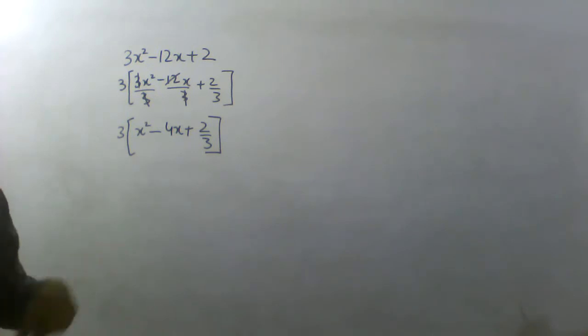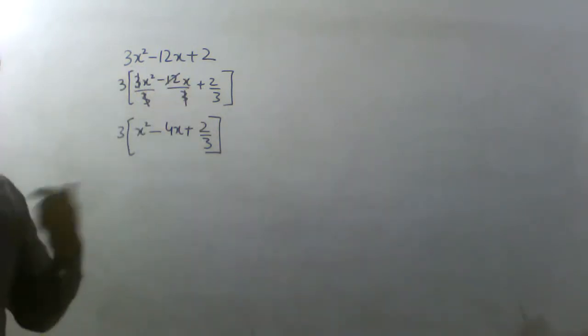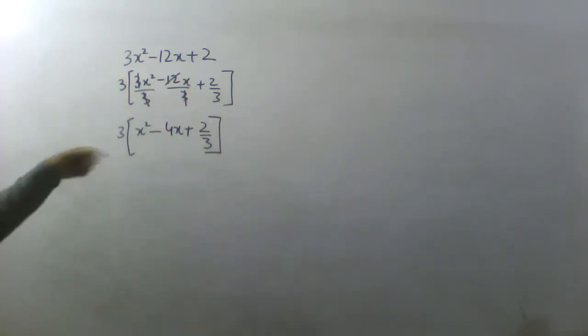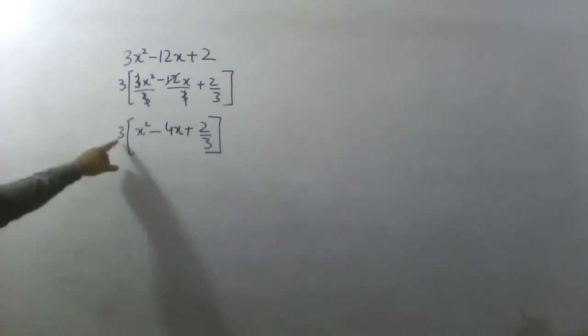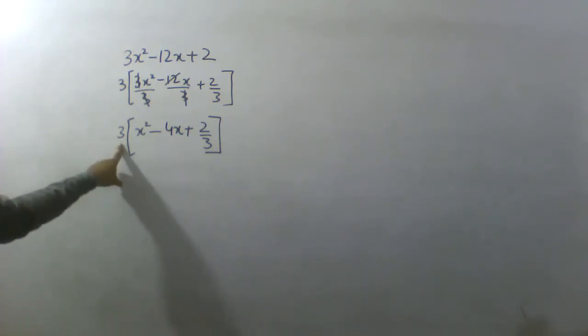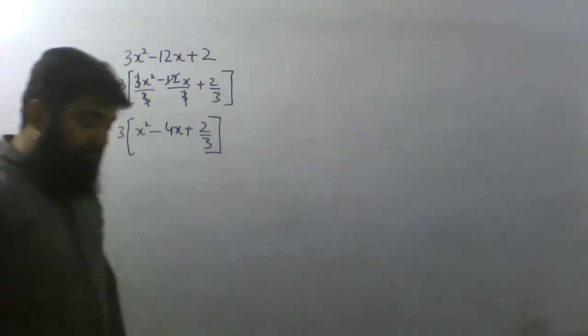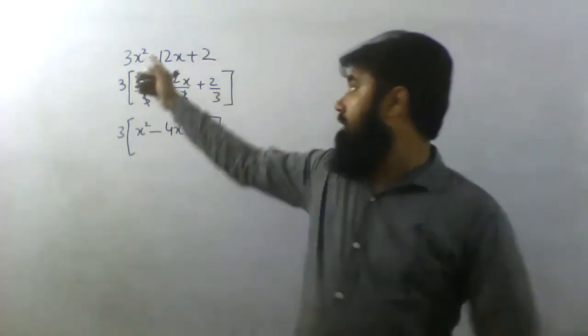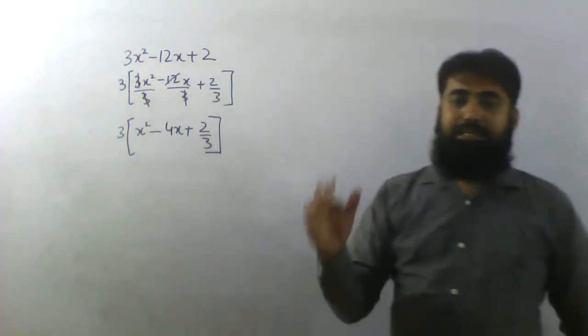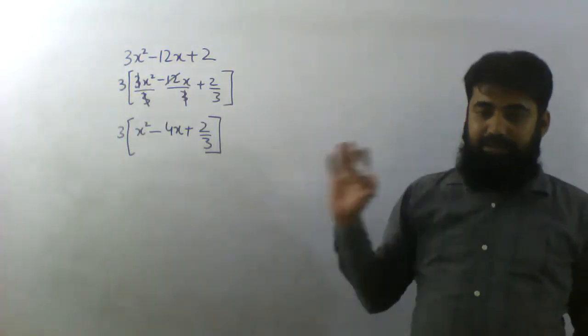Over here, it is not natural common, it is forced common. I want to take anything as common, so I will take it, write it outside, and divide everything by that number. Even if that number is not inside, I can still divide it and leave it like that.